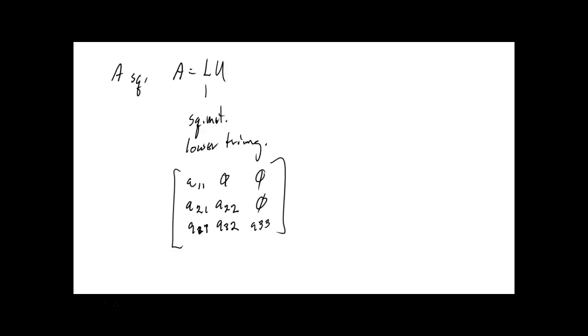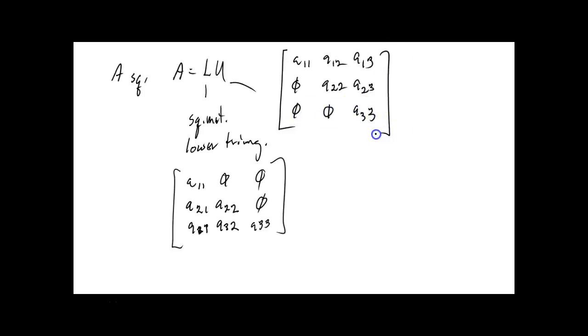And anyone want to hazard a guess what U is? Upper triangular matrix. It would look something like this. Okay? Again, kind of hate they use the same letter, but it's okay. A11, A12, A13, 0, A22, A23, 0, 0, A33. For a 3 by 3, that would be an upper triangular matrix.